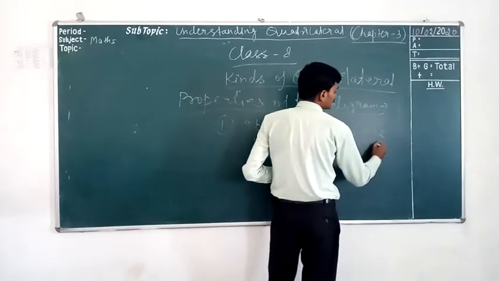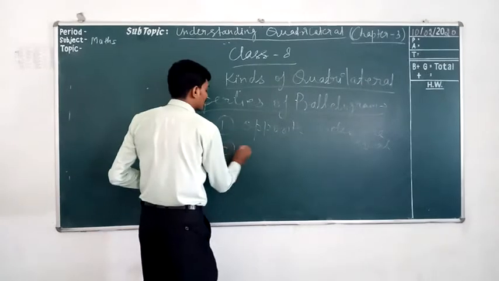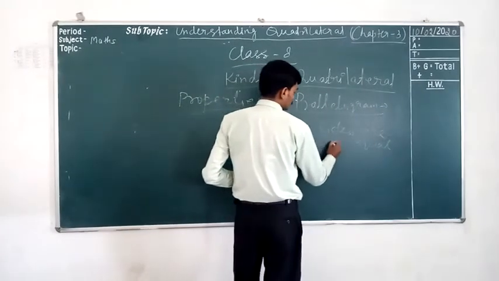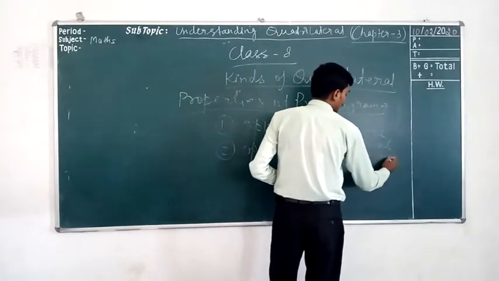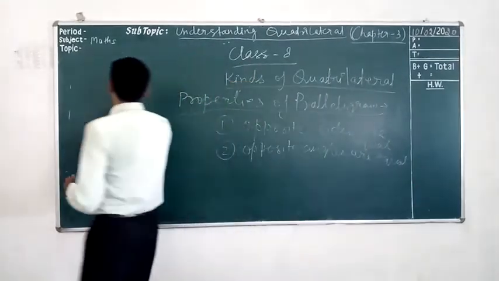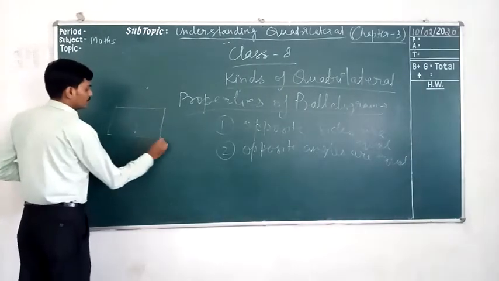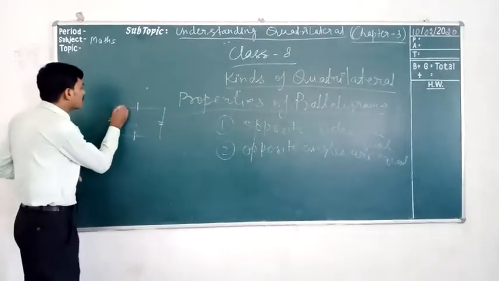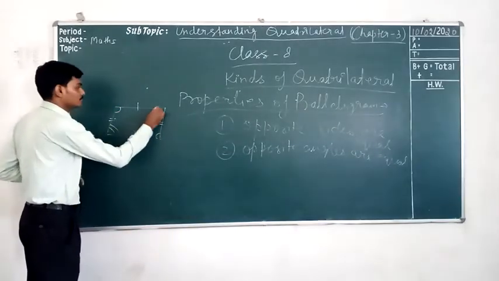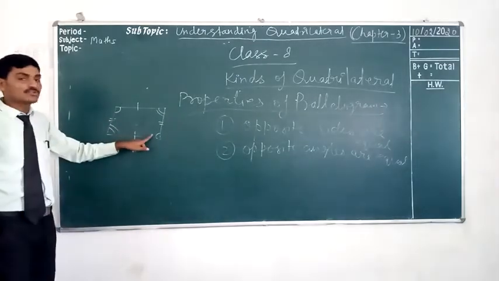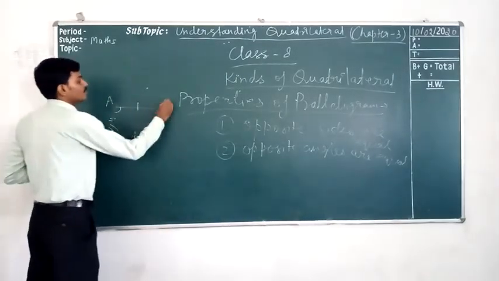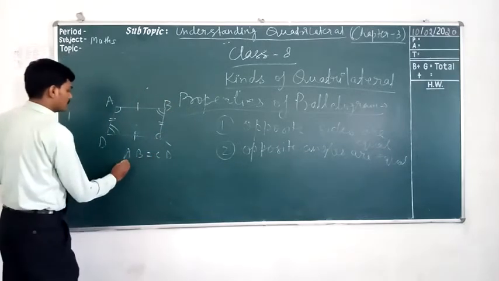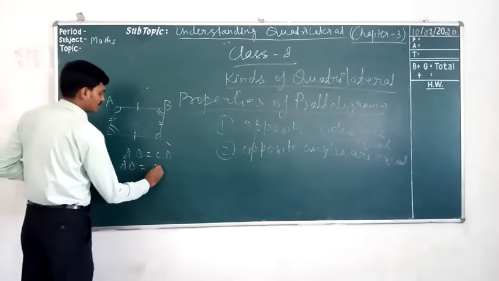If this is the parallelogram ABCD, here AB equal to CD and AD equal to BC.